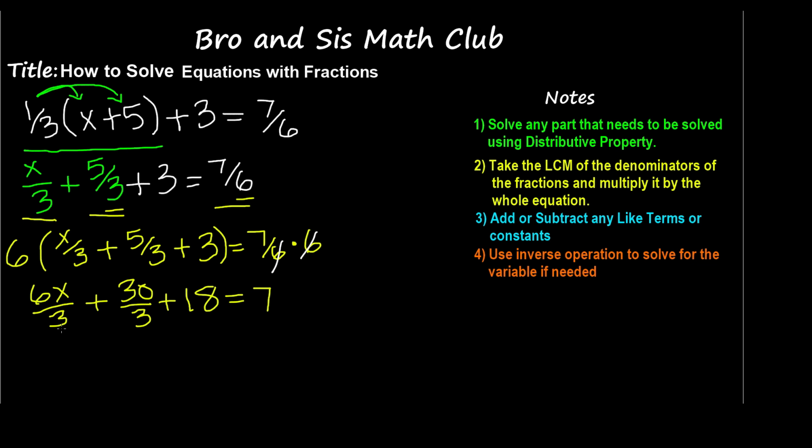Okay, so now we're going to simplify this. So 6x over 3 gives us 2x, plus 30/3 gives us 10, plus 18 is equal to 7.